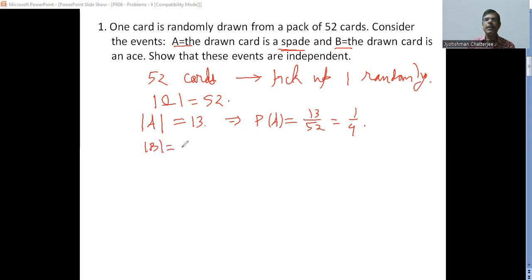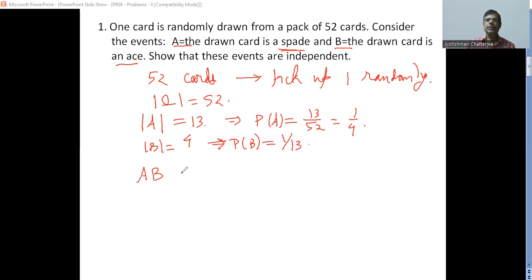Size of B is what? The drawn card is an ace, and there are 4 aces. That means probability of B equal to 1 upon 13. What is the event AB?